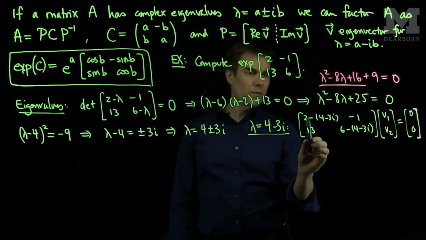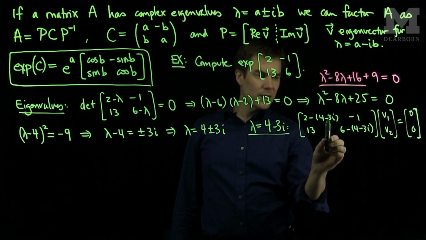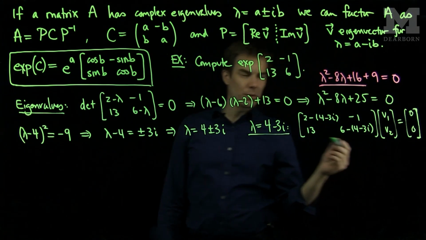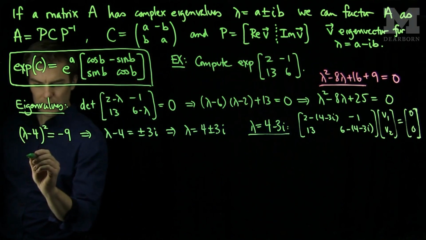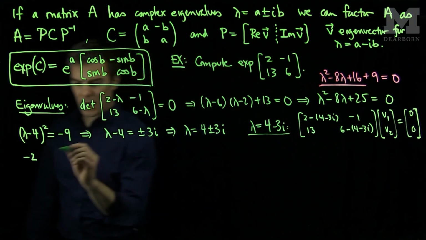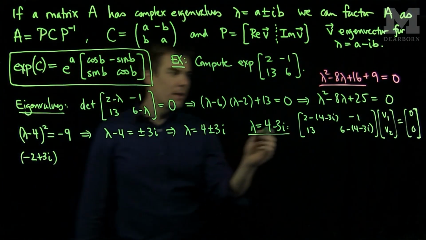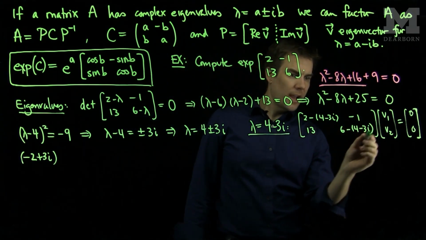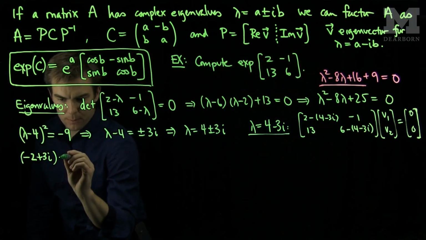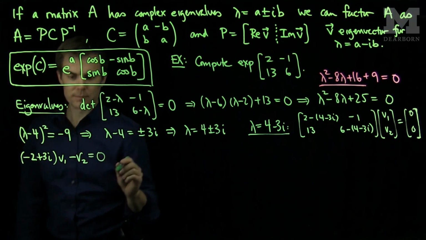This first equation tells me that negative 2 plus 3i applied to v1, and that negative 1 applied to v2, must be 0.